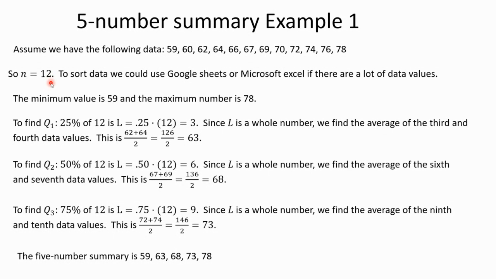So 12 over 2 is 6, and we look at the 6th and 7th data values and get their mean. We get the 6th and 7th data values, 1, 2, 3, 4, 5, 6, 7. We take their mean and we get 68. Remember, it can happen that the median and the other quartiles may not be data values. That's okay.